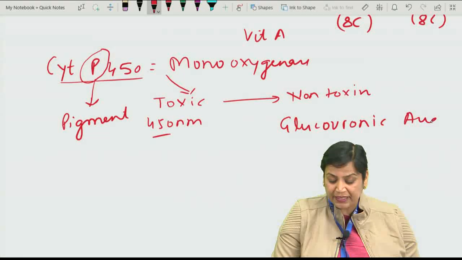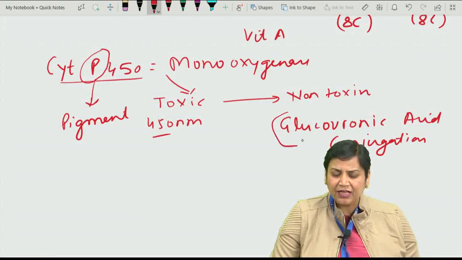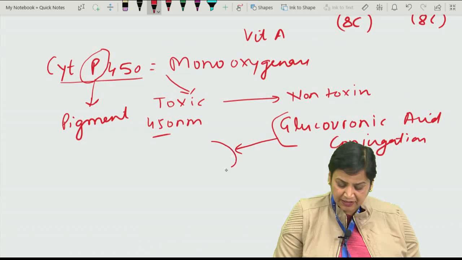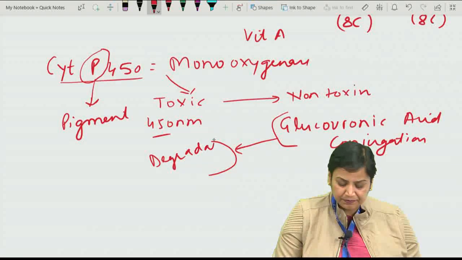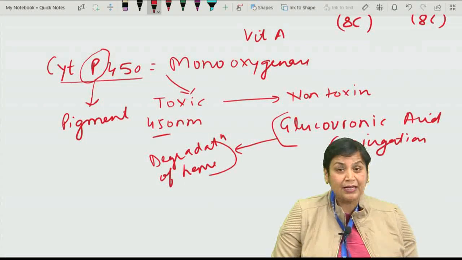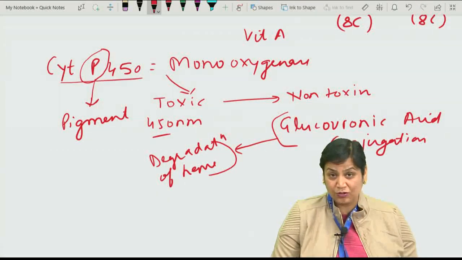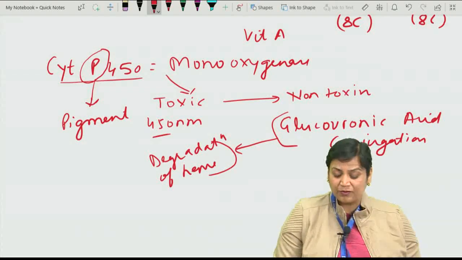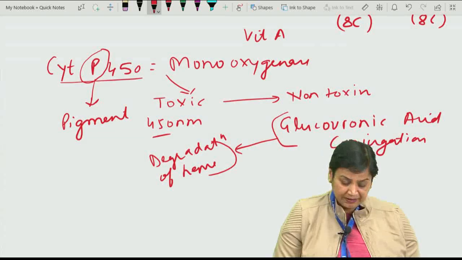Glucuronic acid undergoes conjugation, and plays an important role in the degradation of heme, or you can say bilirubin, forming bilirubin diglucuronide, which further forms the bile pigments.